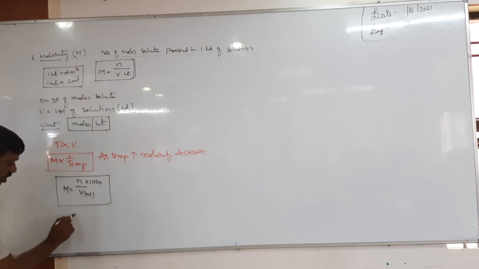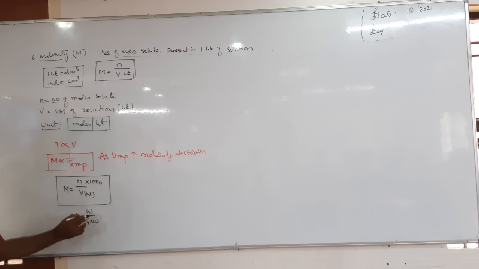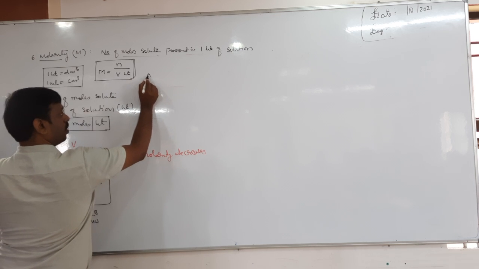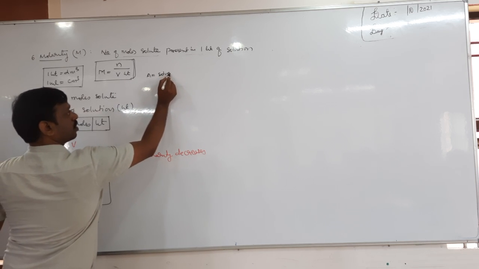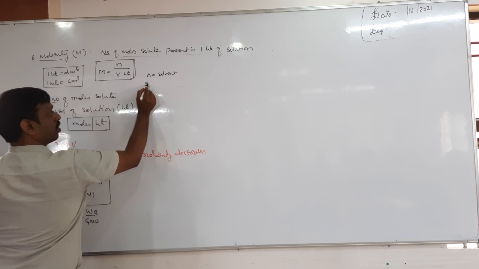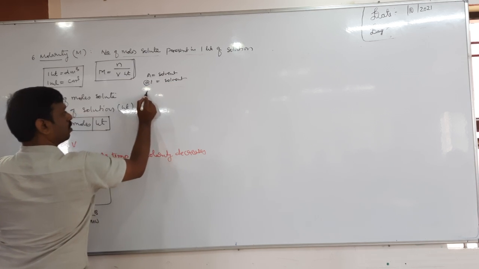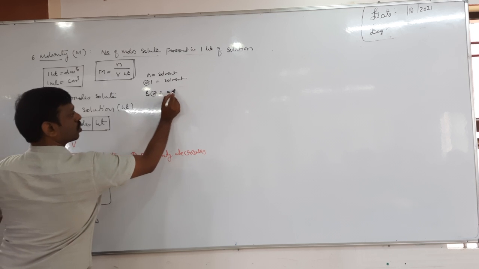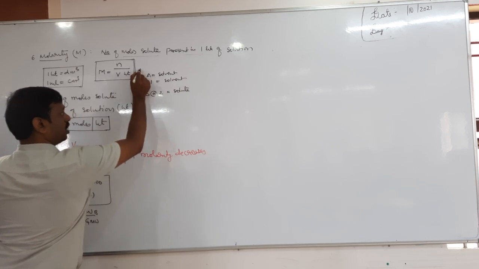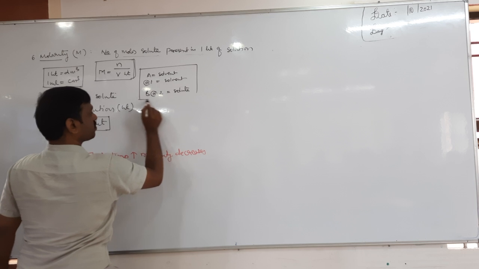But we know that number of moles equals weight by gram molecular weight. Weight of solute or solvent? Generally solute is taken with B. Generally A, or 1, is the solvent, and B, or 2, is the solute. In this topic we use these terms.